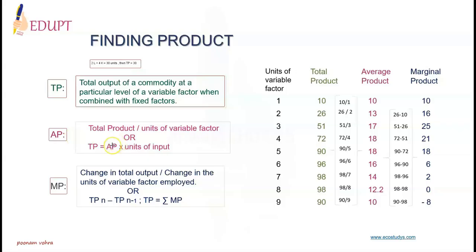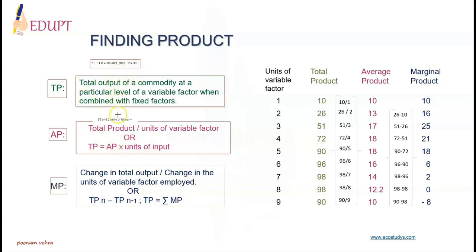Average product refers to output per unit of variable input. So it is total product divided by units of variable factor, or total product is average product into units of output. That is calculated separately for each factor unit.